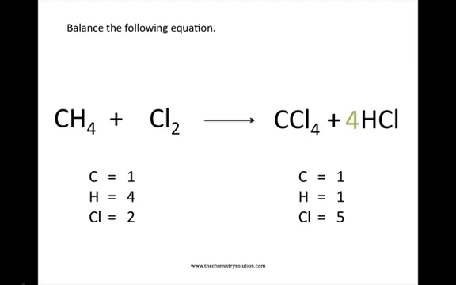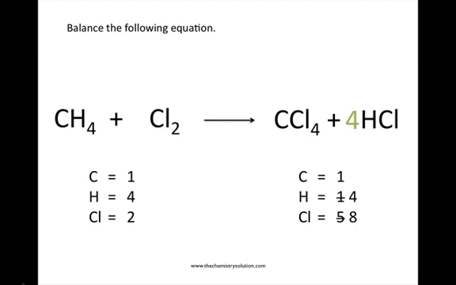Remember, we can only add coefficients, we can never change subscripts. Now if we count up the number of each type of atom we have on both sides, you'll see that we still have 1 carbon atom on both the reactant side and the product side, but now we have 4 hydrogen atoms on the reactant side and 4 hydrogen atoms on the product side. But by putting a 4 coefficient in front of HCl on our product side, we not only have increased the number of hydrogen atoms on our product side, but we've increased the number of chlorine atoms on our product side as well.